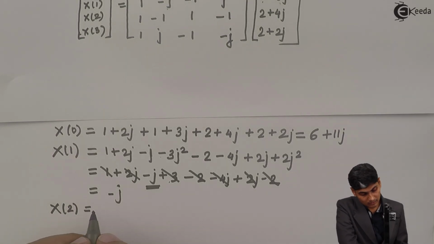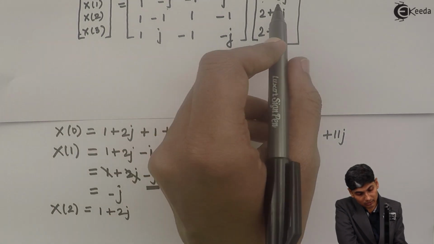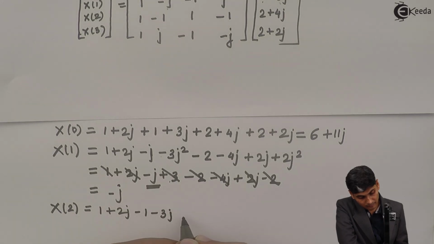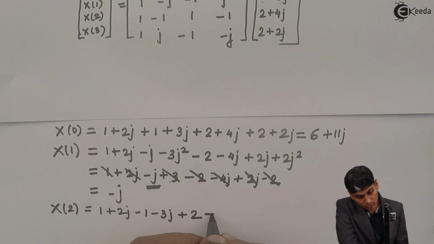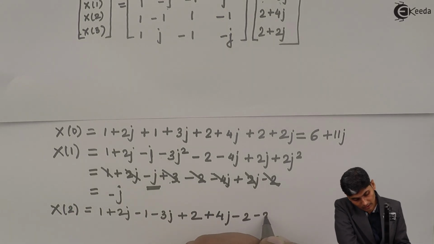Similar way, if you find X of 2, then I will get 1 plus 2j. Okay, minus 1 multiplied by this becomes minus 1 minus 3j plus 2 plus 4j minus 2 minus 2j.